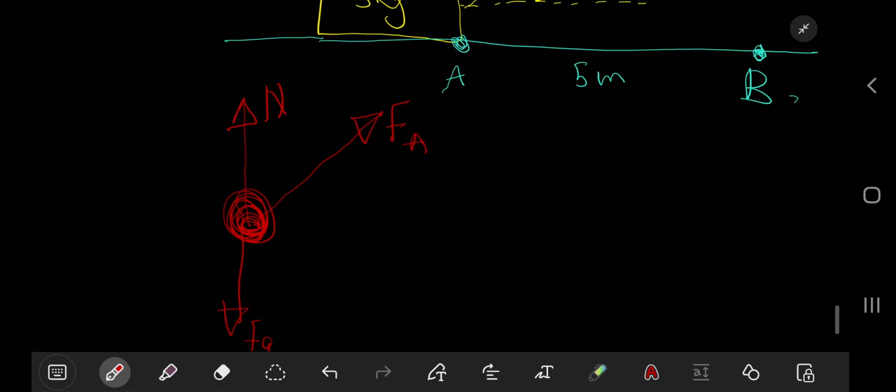Now this applied force is applied at an angle of 30 degrees. So we want to understand how we can calculate the work done by this force which is at an angle of 30 degrees.